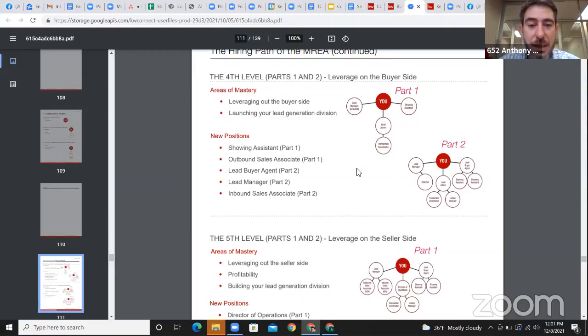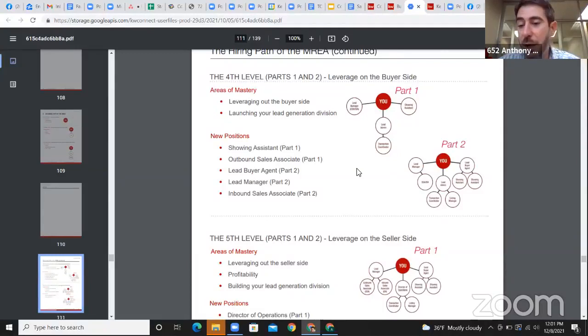Well, what I like about this is you have showing assistant, outbound sales associates, which are ISAs. ISA is inside sales associate. It's a phone caller who sits in the office, follows up with leads and prospects, and sets appointments. Some people may not know that. Lead buyer agent, lead manager.